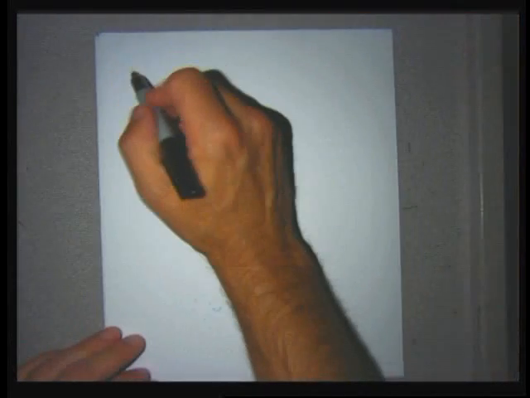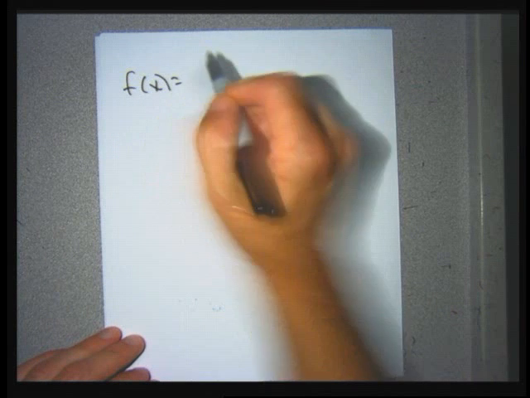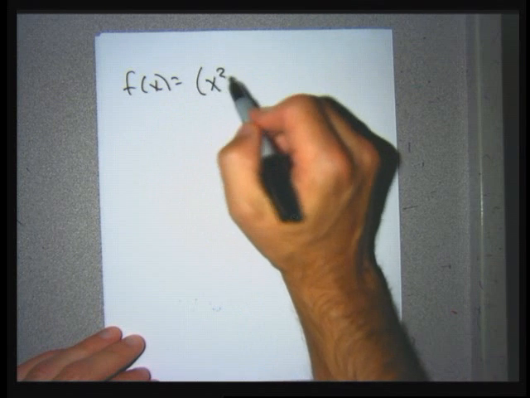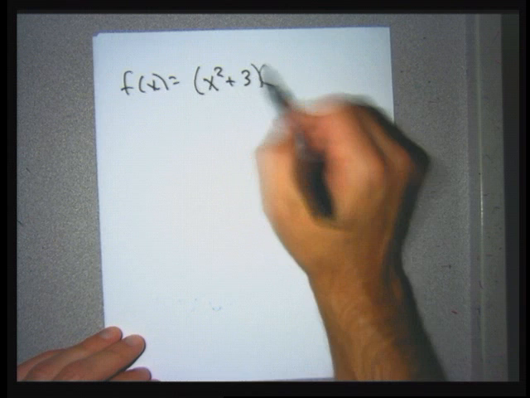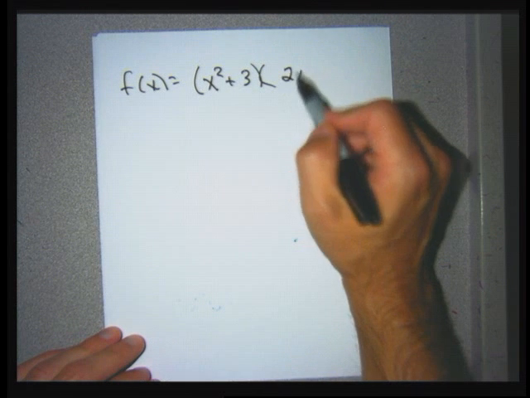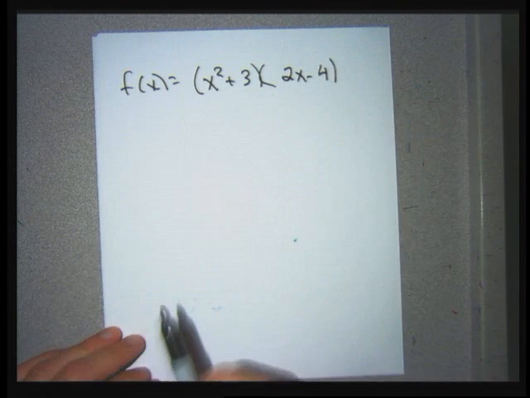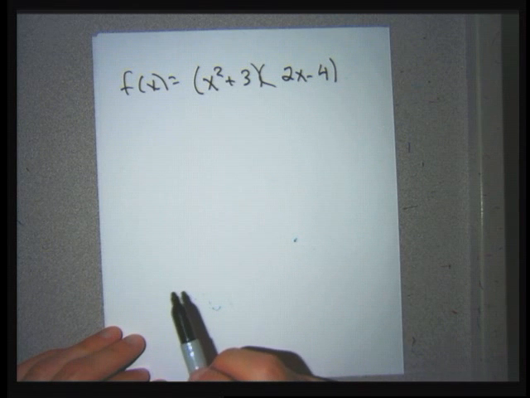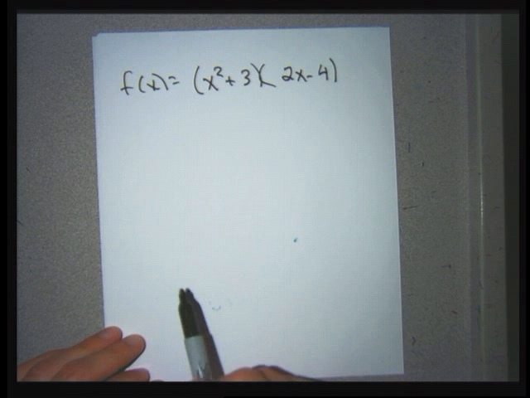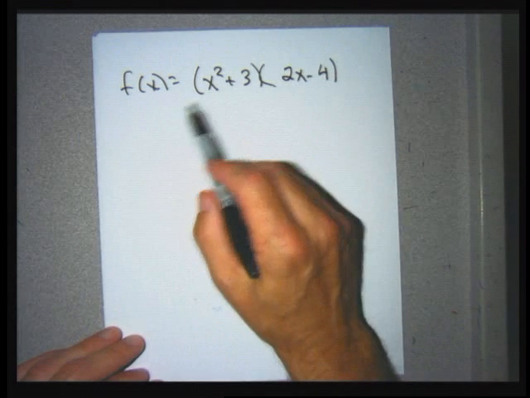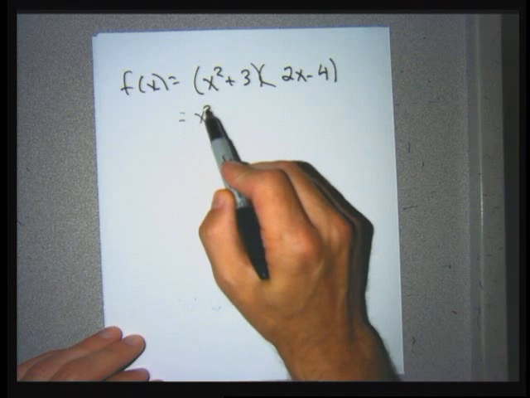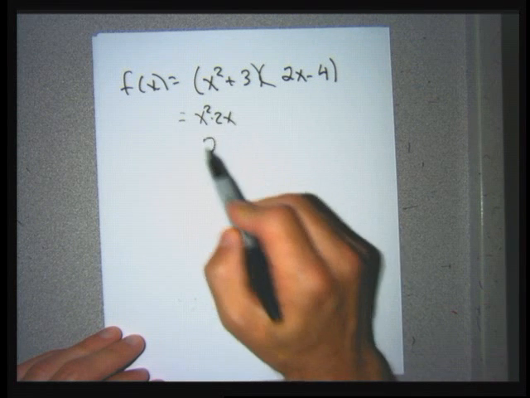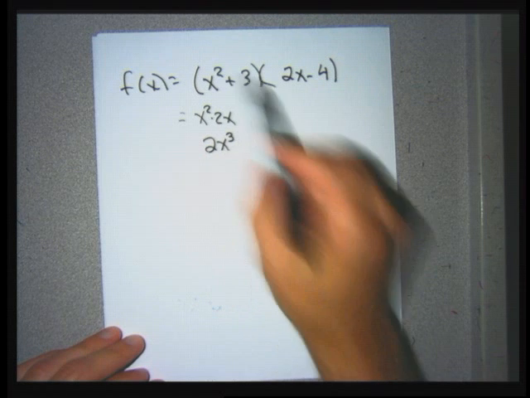One more like this, and then I'll talk about something else. If I gave you this function, f of x equals x squared plus 3 times 2x minus 4. In order to know something about the graph, I need to know the degree of the polynomial. And I could, if I'm patient, FOIL this out. Firsts are x squared times 2x, which is 2x cubed.